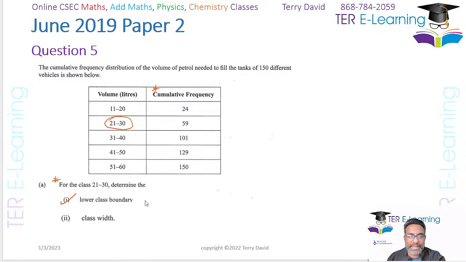In this case, your lower class boundary is found by taking this 20, adding it to this 21, and dividing by 2, which works out to 20.5. That is my lower class boundary, 20.5. Some students might say 21, but it's actually 20.5.